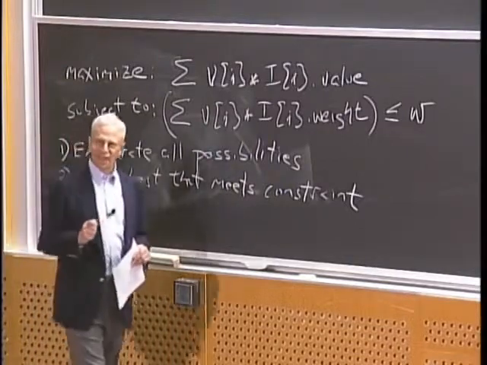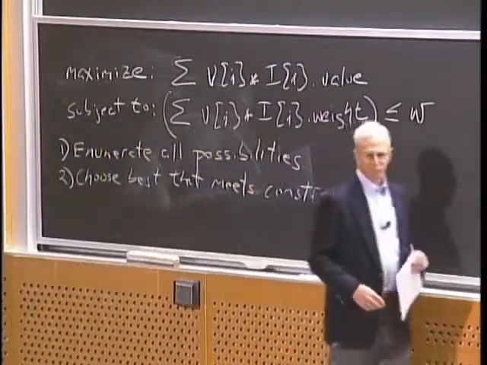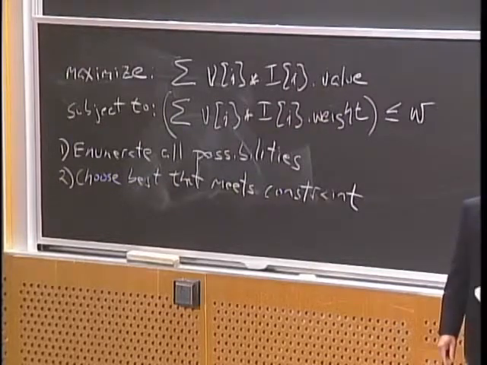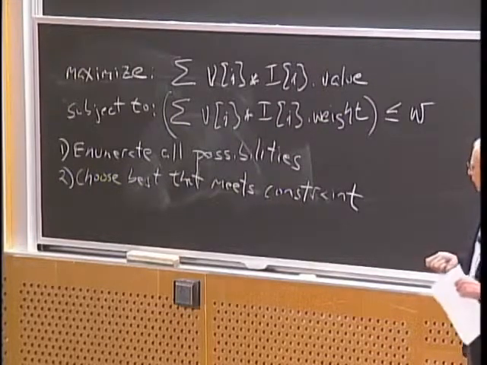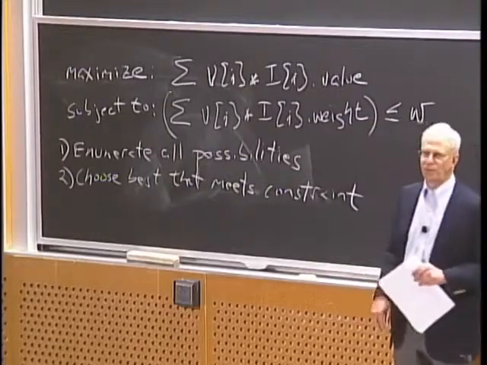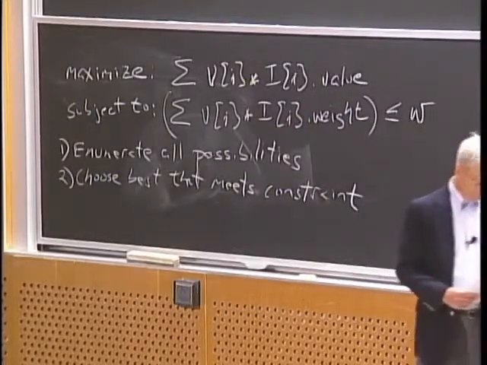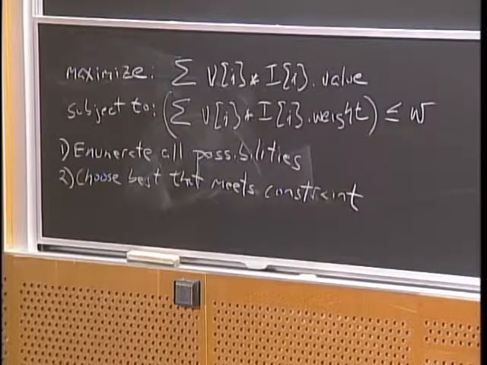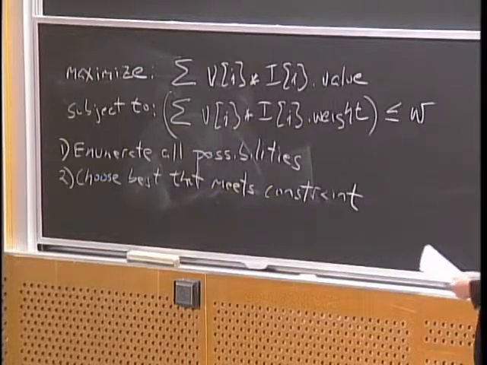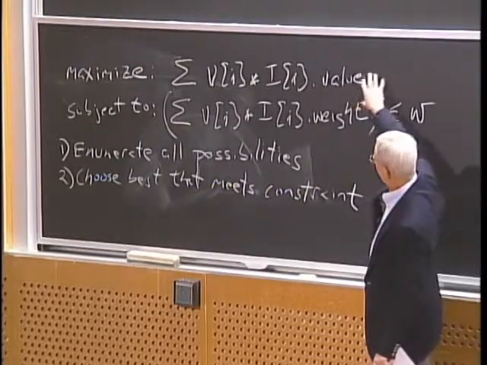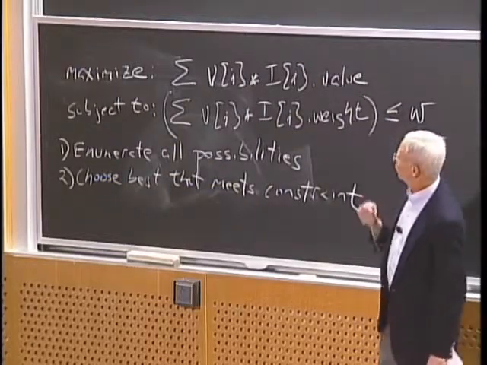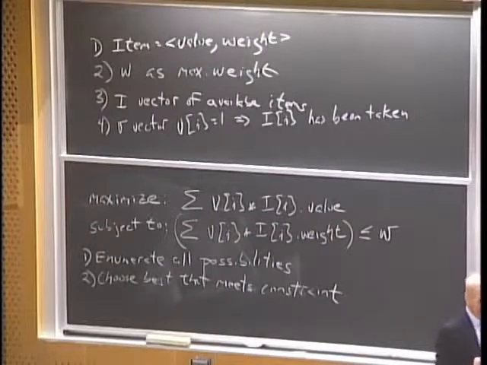The question is, how long will this take to run? Well, we can think about that by asking the question, how big will this set be? How many possibilities are there? Well, we can think about that in a pretty straightforward way. Because if we look at our formulation, we can ask ourselves, how many possible vectors V could there be, which shows which items were taken and which weren't?